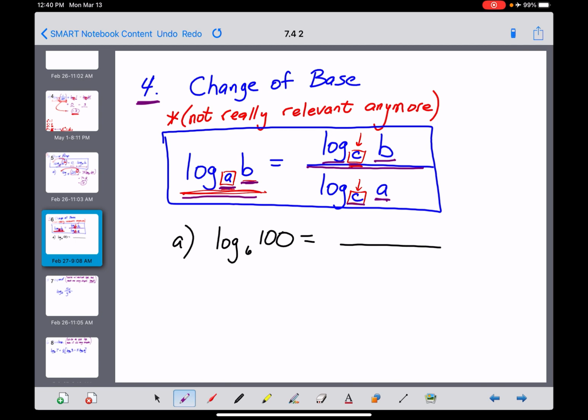And guys, this formula was incredibly important until just a few years ago, because even a calculator as relatively advanced as the TI-84 that you guys are using now really only did logarithms in two bases. Your calculator on the left-hand side right next to the 7, guys, has a button that just says log on it. And if you hit that button, all your calculator is going to write is log.